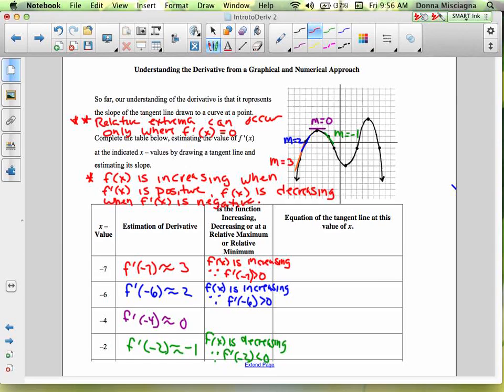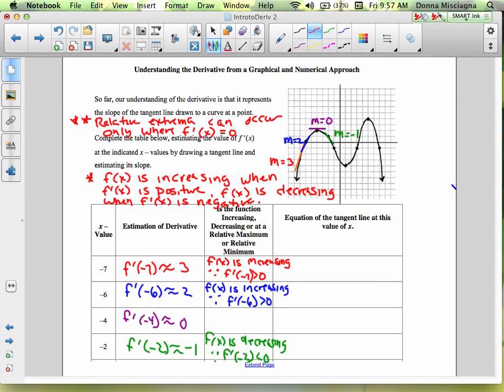So here at 0, f prime of x changes from positive to negative, from increasing to decreasing. And we know that when a graph of a function changes from increasing to decreasing, it has a relative maximum. So when the derivative changes from positive to negative, in other words, the function is changing from increasing to decreasing, that's going to be a relative maximum.